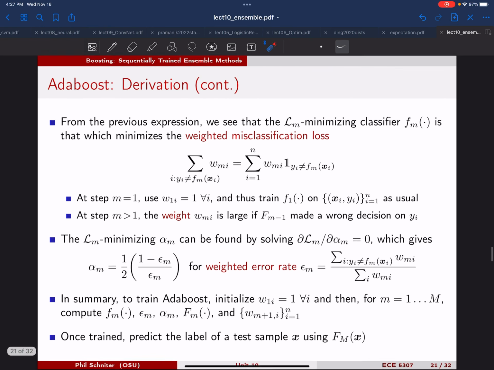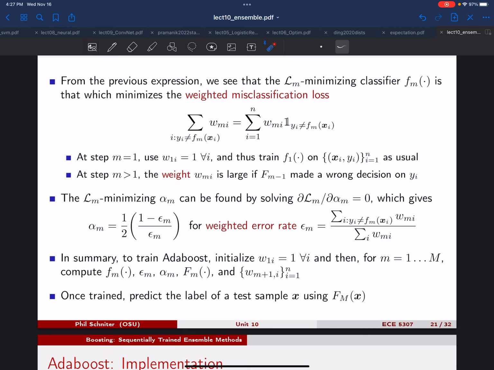So we can do that for m equals 1. Once we have that, we know the weights for m equals 2, and we go through this procedure again. We repeat this procedure all the way until we get however many stages we want. When we're done, we have this m-stage boosted classifier. If you are given a test sample x, you just put it through that boosted classifier and predict a label, and that's how we use it.